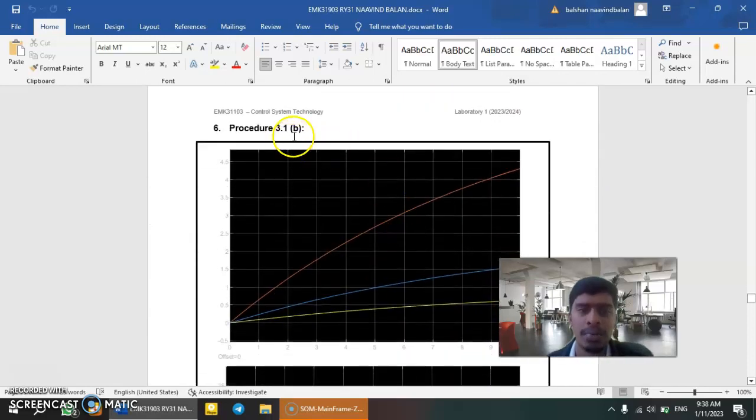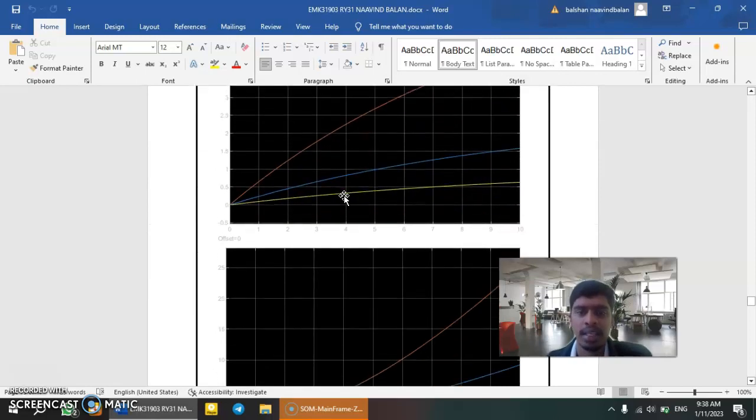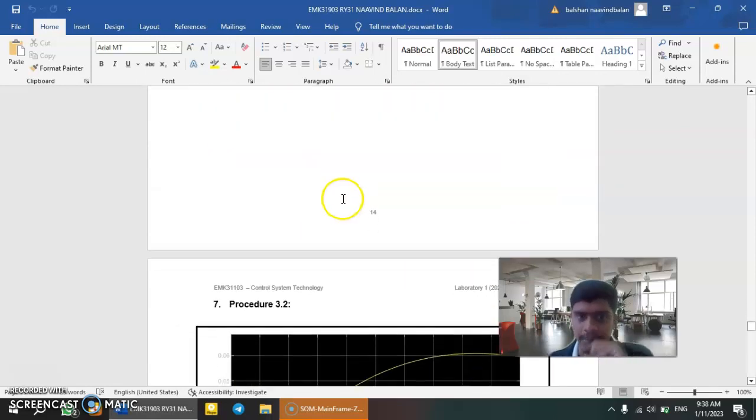The same goes to 1.1b, which is also step, ramp, and impulse response.